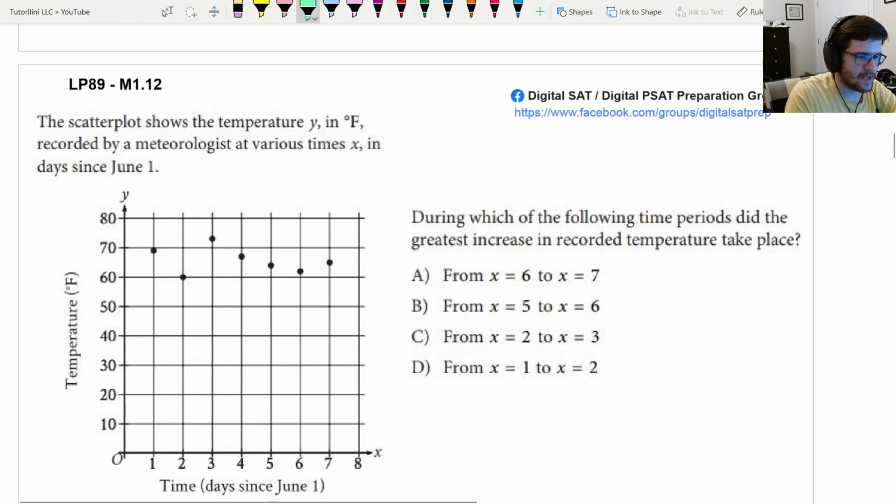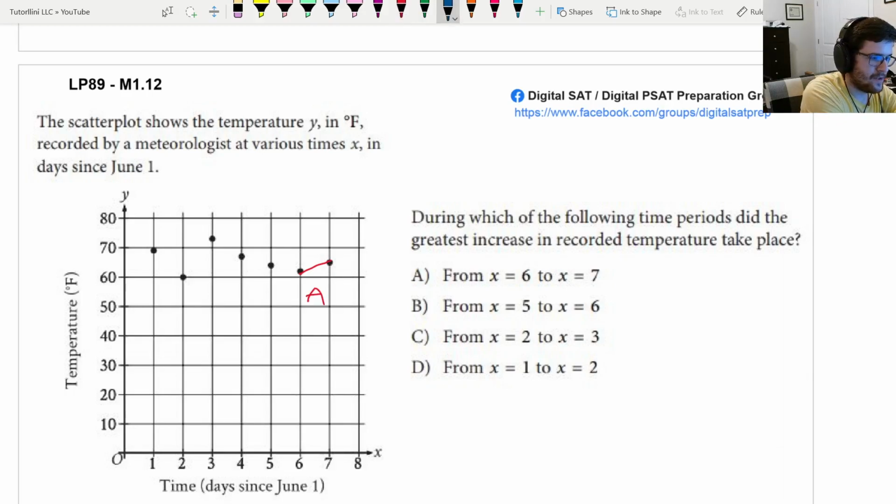Okay, for this one, it says during which of the following time periods did the greatest increase occur? So I'll just circle all of them and draw a little line segment. So x equals 6 to x equals 7. That is here, so I'll call that A. X equals 5 to x equals 6.